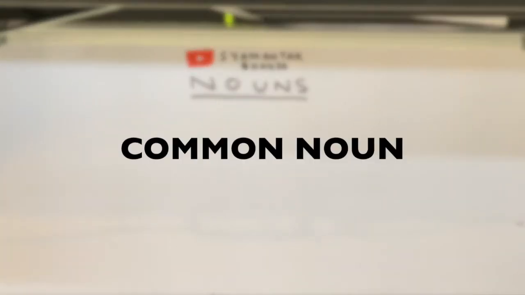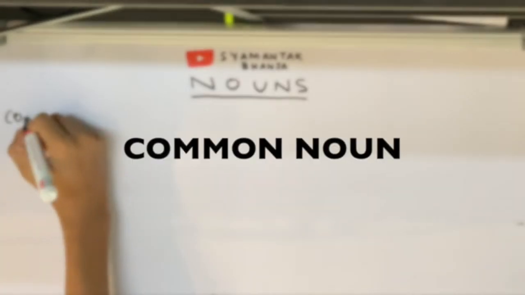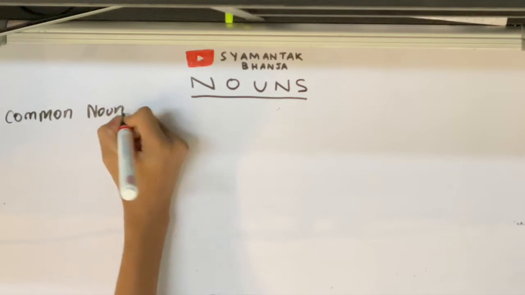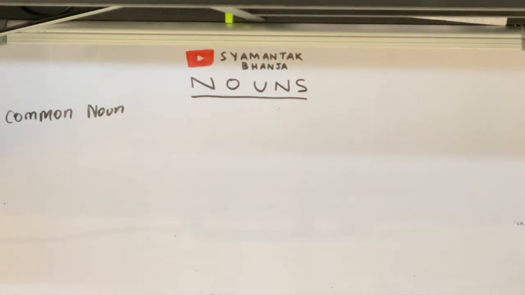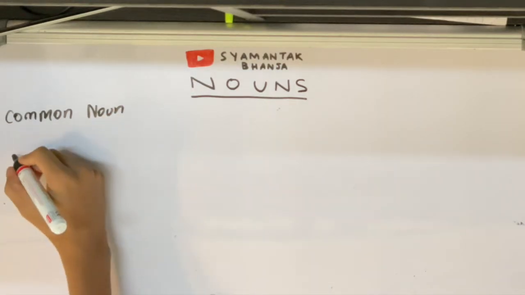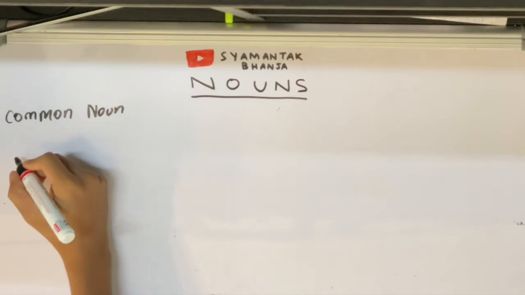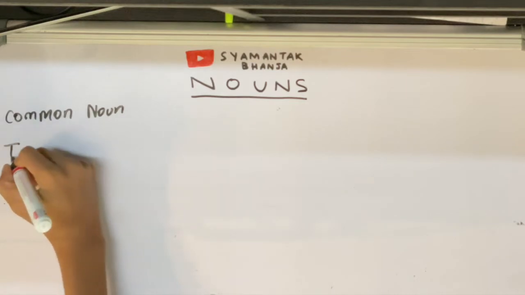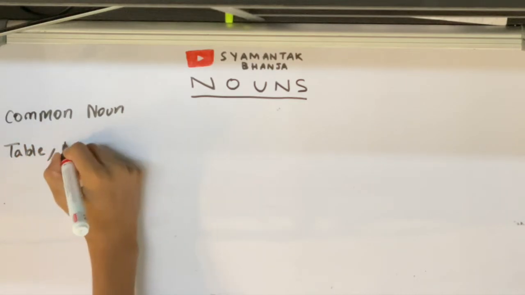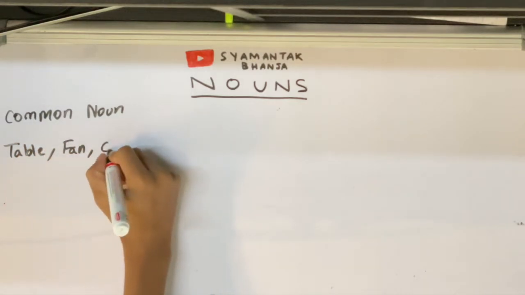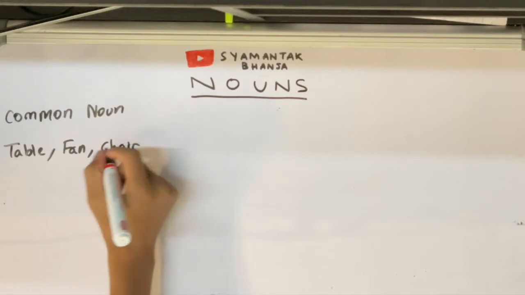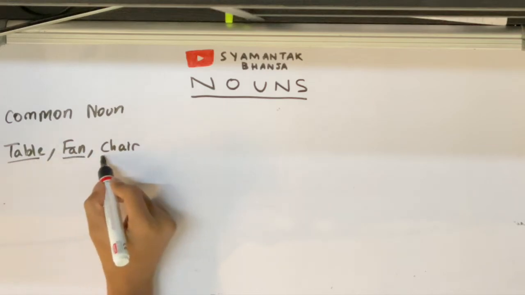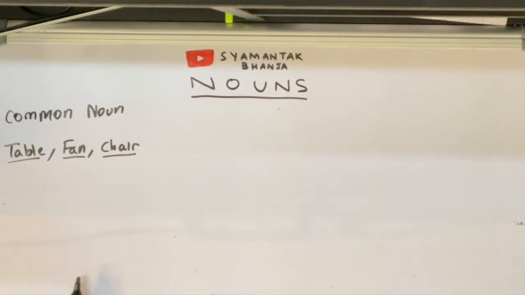So let's start with common noun. What is common noun? Common noun is basically random objects or things. It's a general name. For example, table, fan, chair. These are absolutely general names.